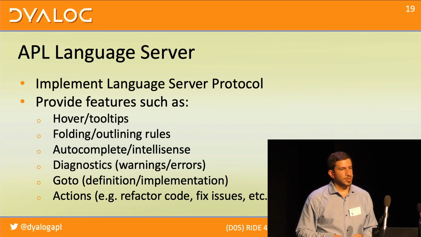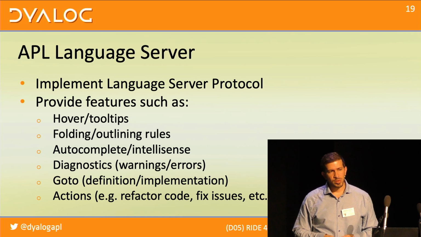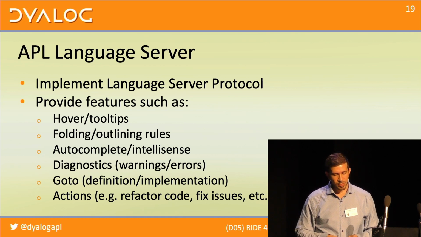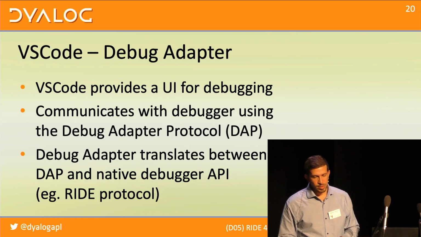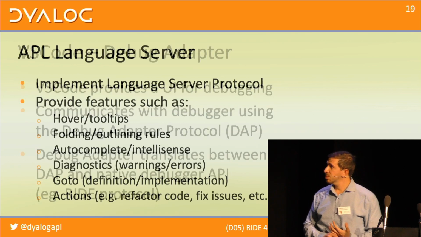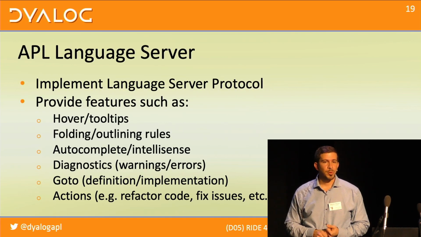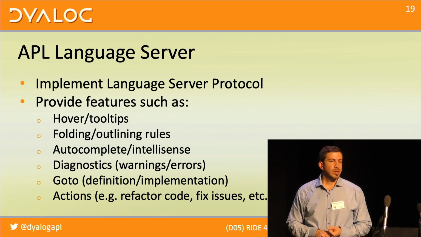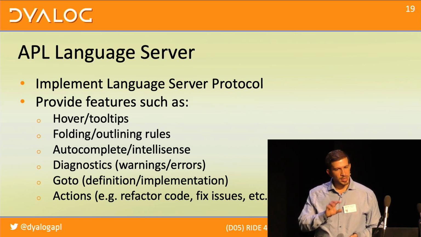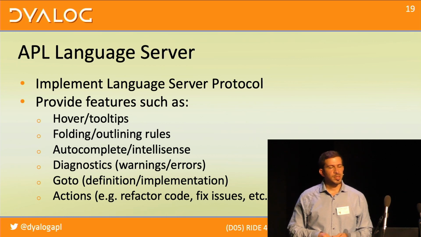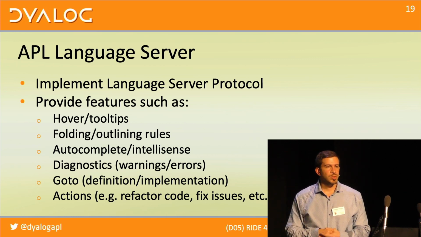Offer things like refactoring the code, which we already do in the Windows IDE. We could provide that as a service through a language server. Then there are things that might be more difficult to do, but may be relevant to APL houses that have their typed APL with metadata in functions to describe the signature of a function, for example.